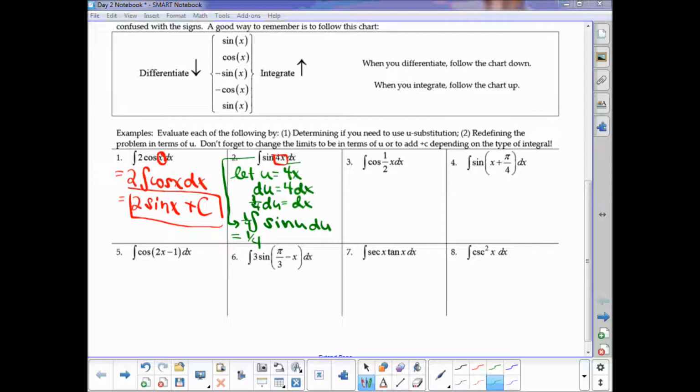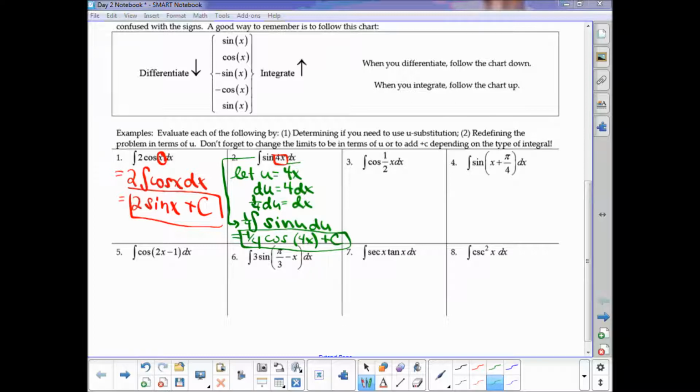Don't lose that, so I'm going to throw the negative in front. Cosine of u. Are you guys okay if we just go and replace the u right now? Okay. So cosine of u, which is 4x. Okay, so U substitution is still done the same way. You might find that you have U substitutions a little bit more often with trig, because as we had before, we had chain rule happening. Alright, questions with that one?